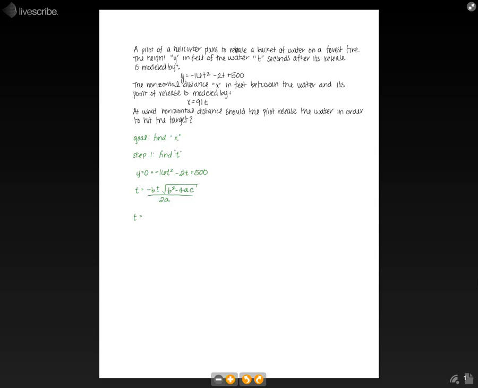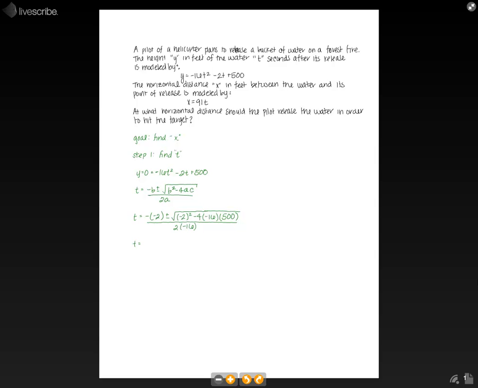We're going to get t equals negative 2 plus or minus the square root of negative 2 squared minus 4 times negative 16 times 500, all of that over 2 times negative 16.